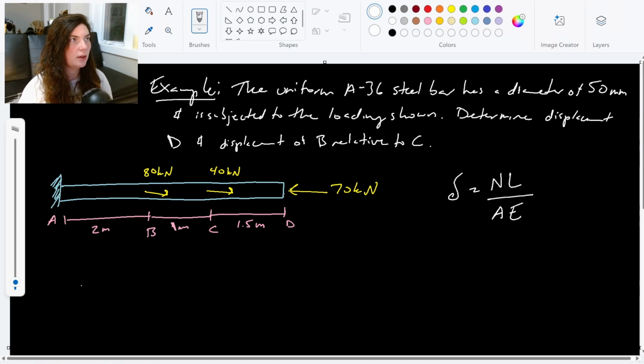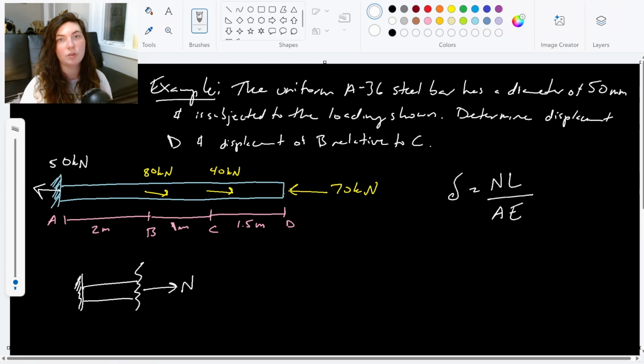If I go ahead and break out the section, I have my wall, I have my load, and I'm going to break through it, and I need to find what the normal force is. Well, the first thing I actually need to do is find what reaction is happening here at A. I've only got forces in the x direction. I have 80 kilonewtons, 40 kilonewtons, and then 70 kilonewtons to the left, which means that my reaction at A here is going to be 50 kilonewtons to the left, right?